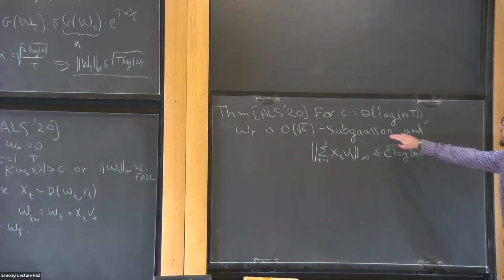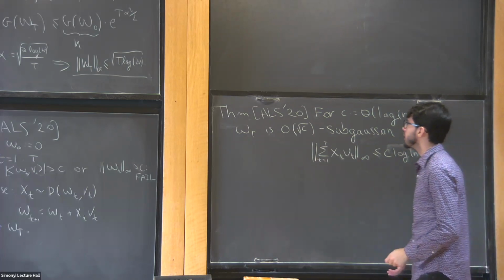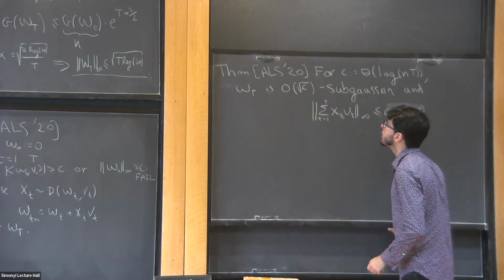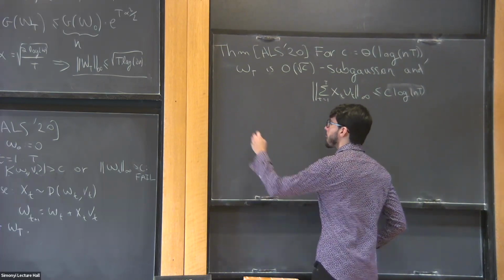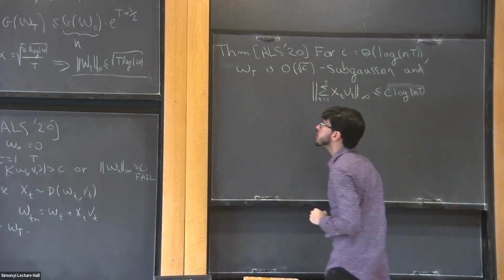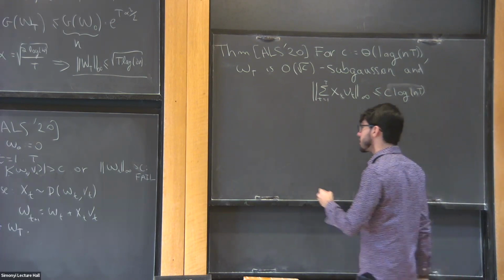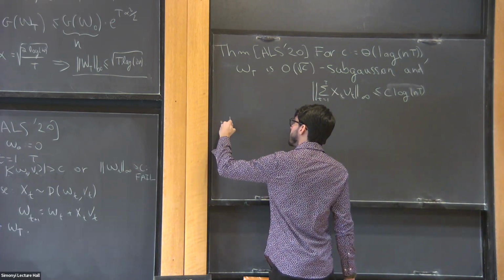So what does this mean? What is sub-Gaussian? We're going to need this notion to talk, so I'll define it now.